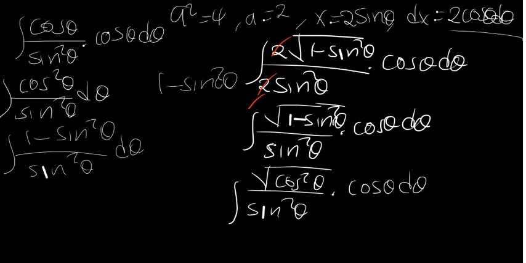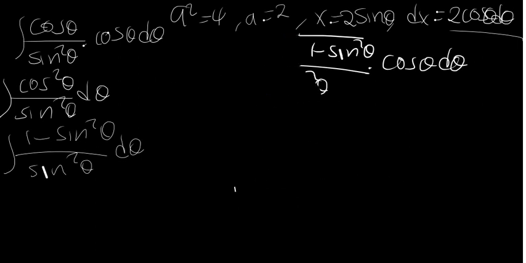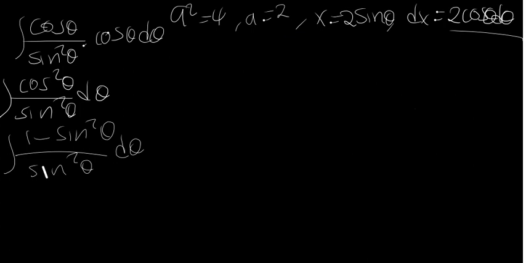The function which we have now, you can agree with me, is the same as if I have 1 plus 2 over 3, which is the same as 1 over 3 plus 2 over 3.